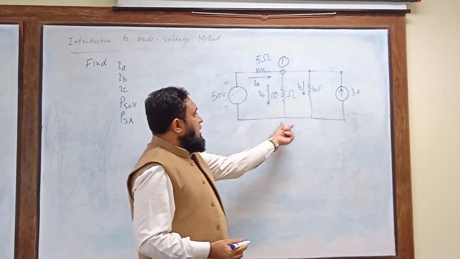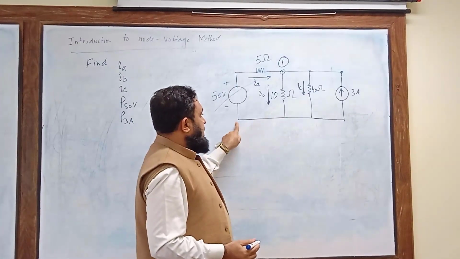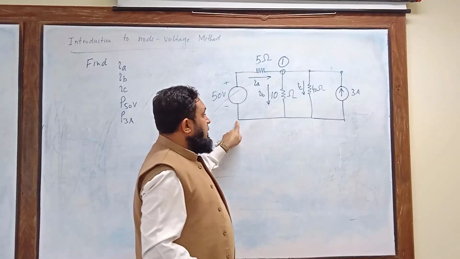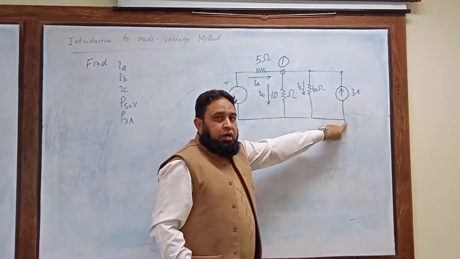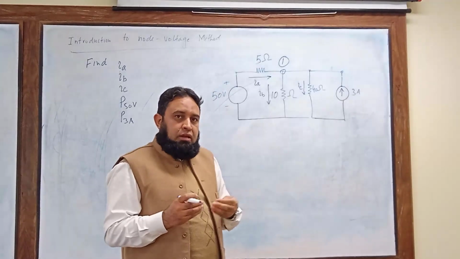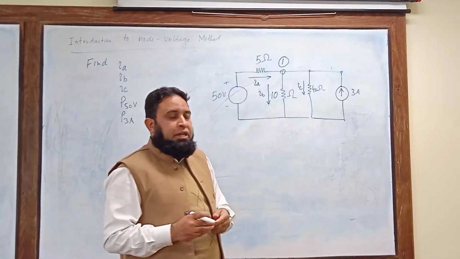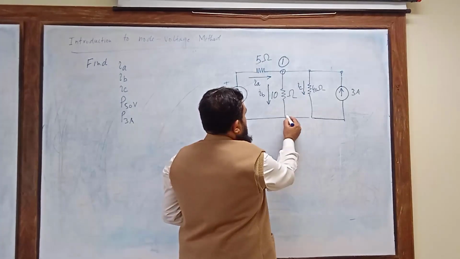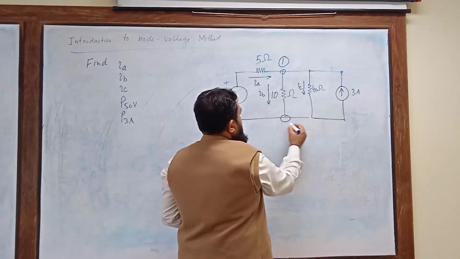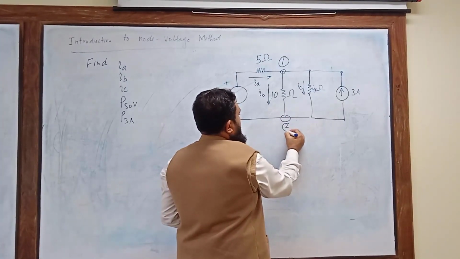Now look at this interconnection. Again, as I told you in the previous example, these 4 points are common and are considered to be 1 point. So we can mark this as essential node 2.